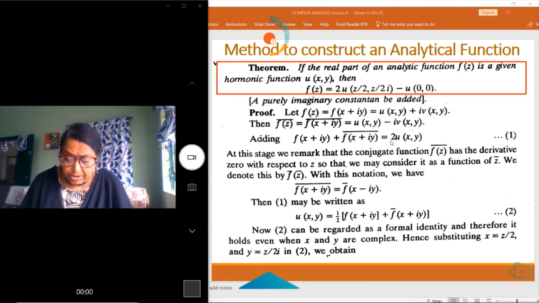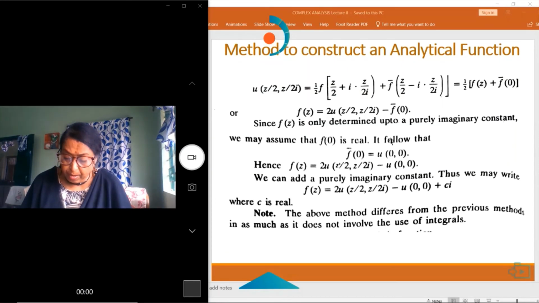This equation 2 can be regarded as a formal identity, even when x and y are complex. Substituting x = z/2 and y = z/2i in equation 2, we get u(z/2, z/2i) = ½[f(z) + f̄(0)]. So f(z) = 2u(z/2, z/2i) − f̄(0).